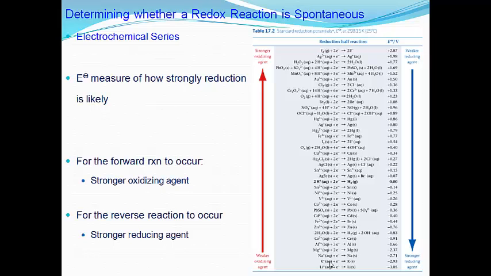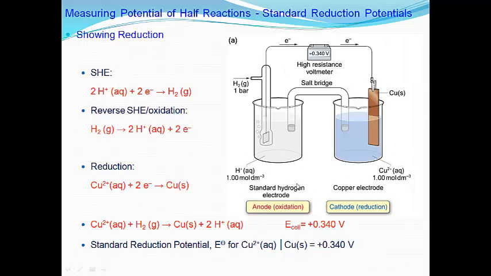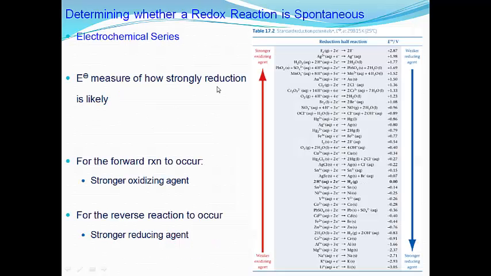That is to say that we're showing a case where we're having an oxidized state gaining electrons to become reduced. So here we have a table showing reduction half reactions.